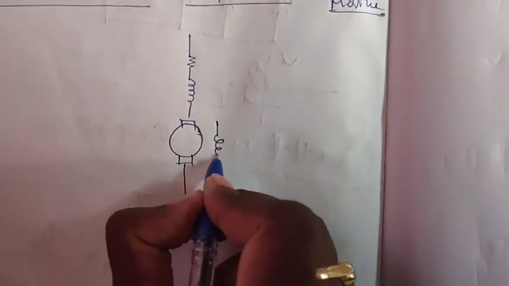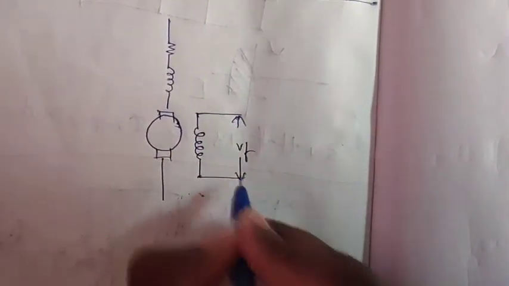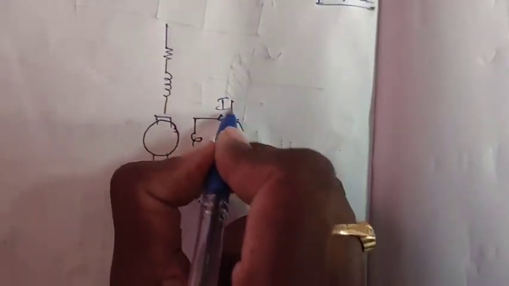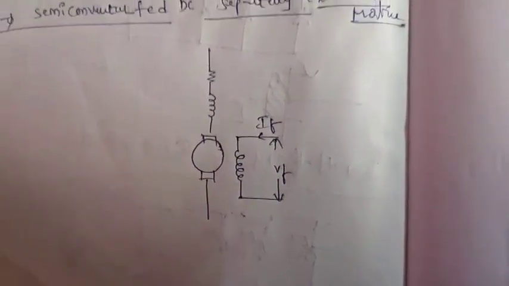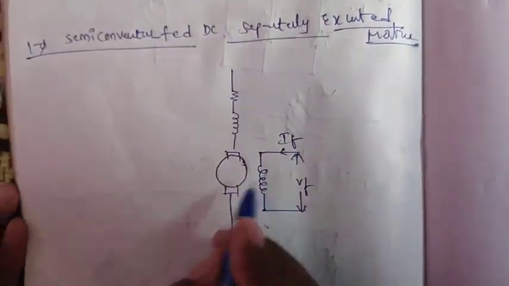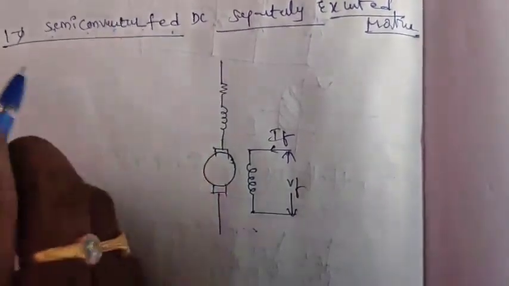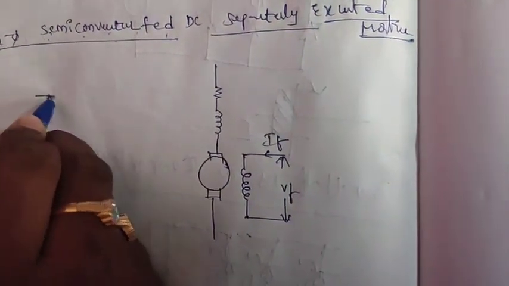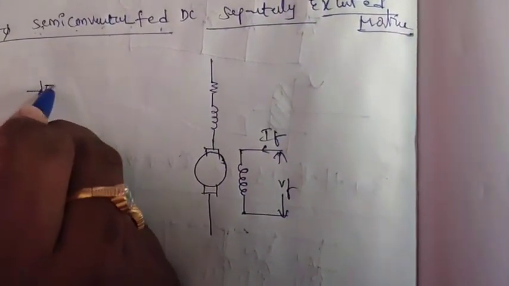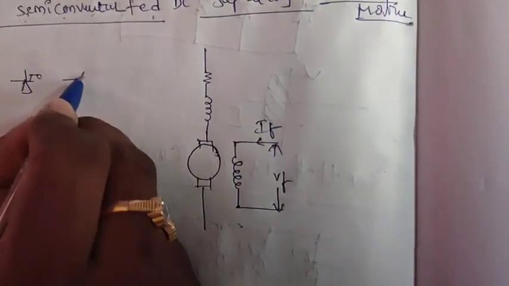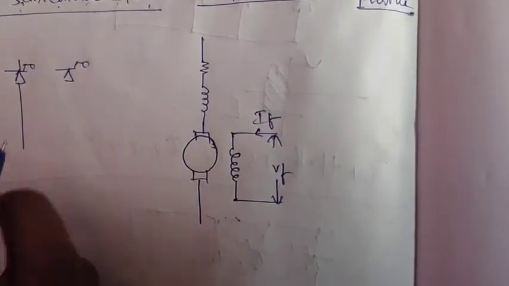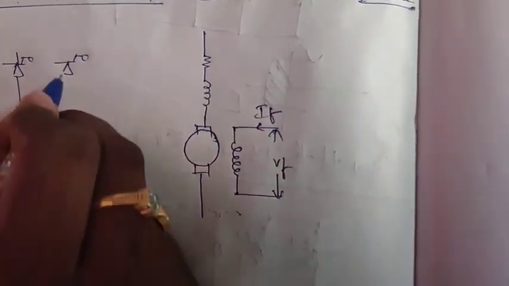This one is separately excited, that's why we excite a separate winding with a separate supply, that is VF and IF, the field voltage and field current. Now the converter is a semi converter, which consists of two thyristors in the upper leg along with two diodes.